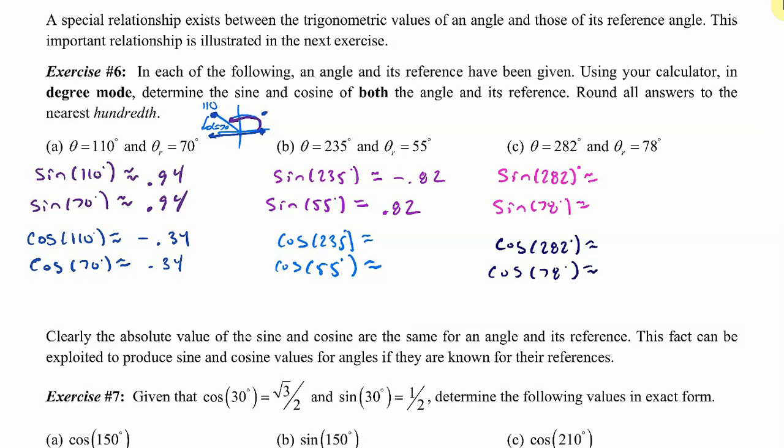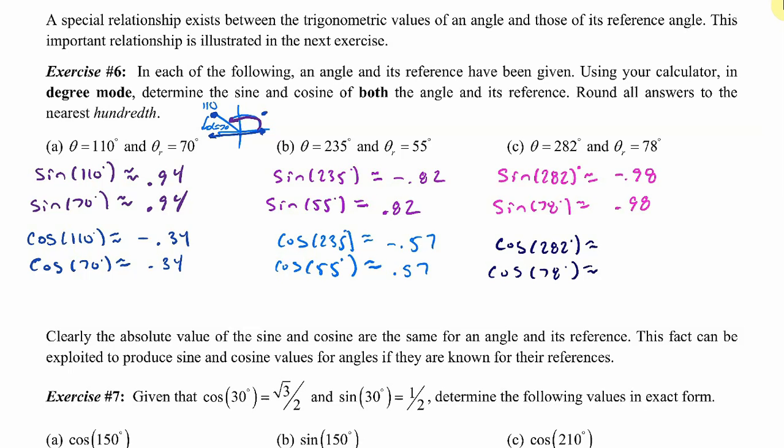Cosine of 235 is negative 0.57-ish. And the cosine of 55 is positive 0.57-ish. And the sine of 282 is about negative 0.98. Okay, 282 being in the fourth quadrant, so it makes sense that sine is negative, and what do you suppose sine of 78 degrees is? Well, 0.98, of course.